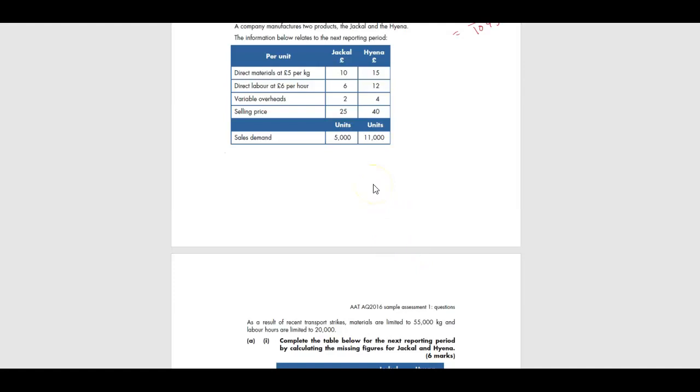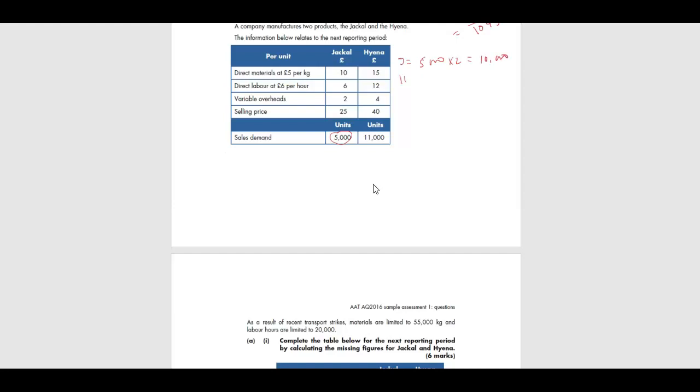So how much material do we need to make J? 5,000 times 2 kilo, so 10,000 kilo we need for making all the Jackal. And for H we need 3 kilo per H.